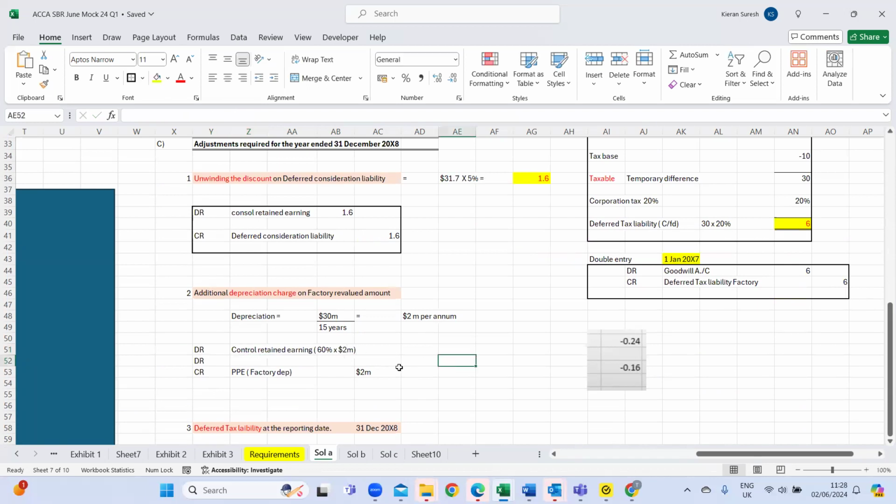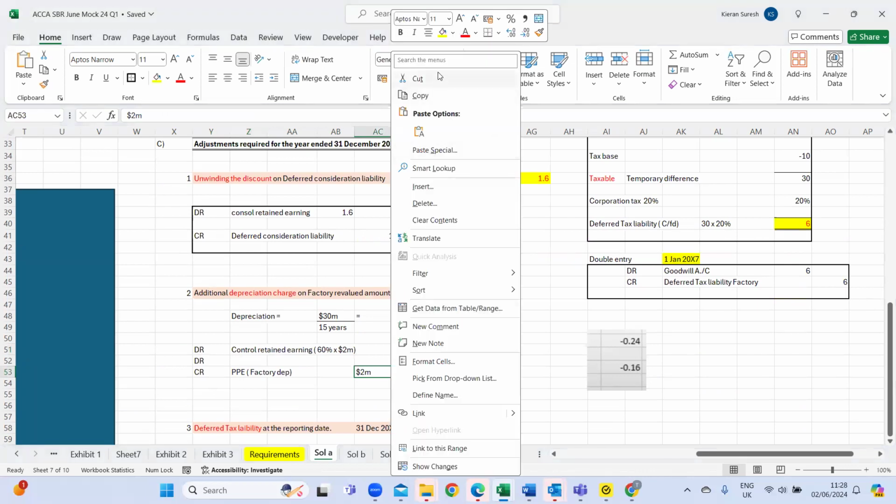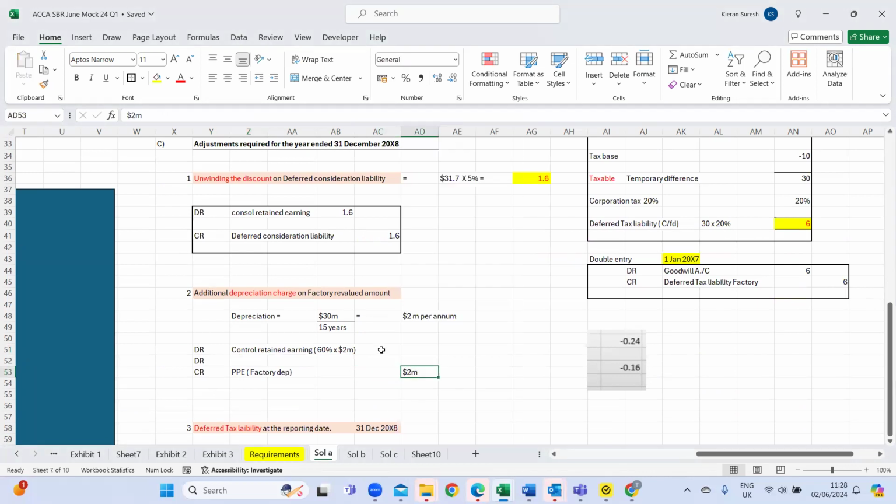And 60% of this 2 million is going to be 1.2 million.